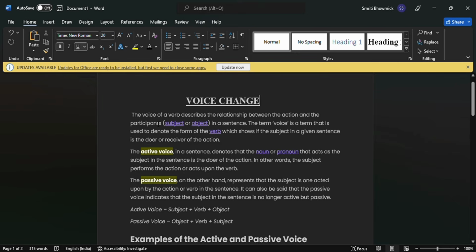The term voice is used to denote the form of the verb which shows if the subject in a given sentence is the doer or the receiver of the action.